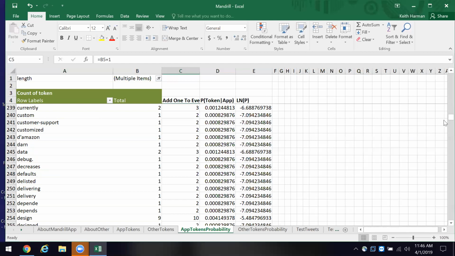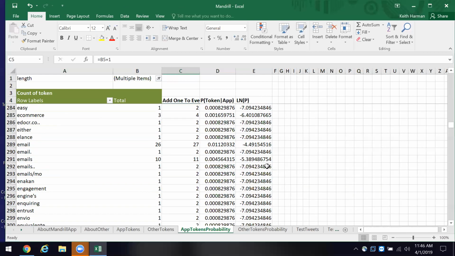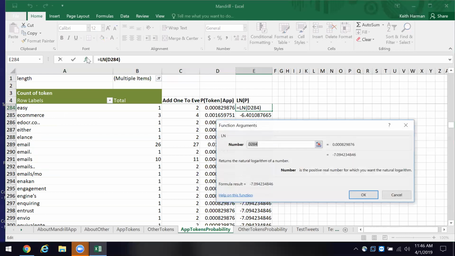The tweets he knows are about the application. Now notice over here he uses the logarithm and converts these to natural logarithm data. And it looks like here he uses a pivot table, and he'll talk about that there in the text.